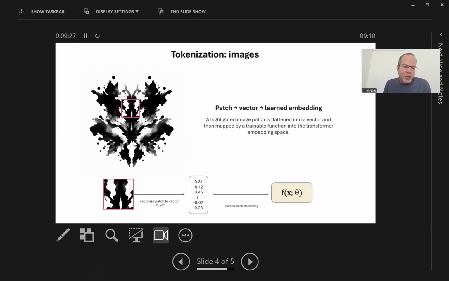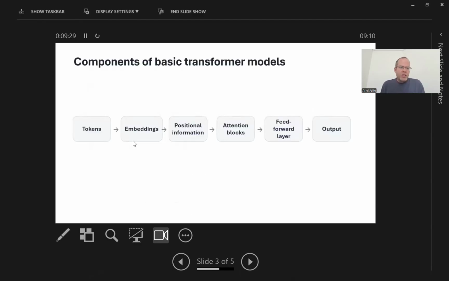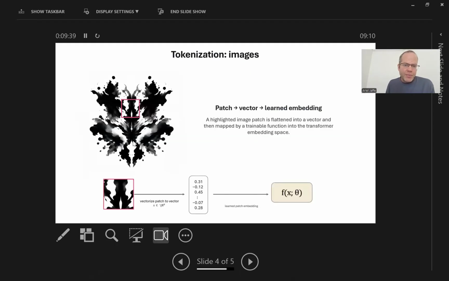So at the end of the day, these are the first two blocks here: breaking up the image and learning an embedding for each token. So this is in images.